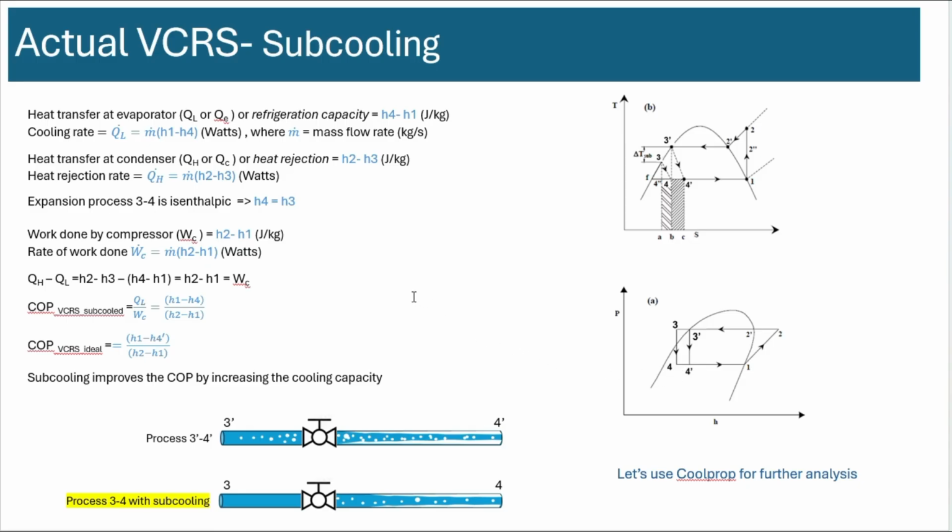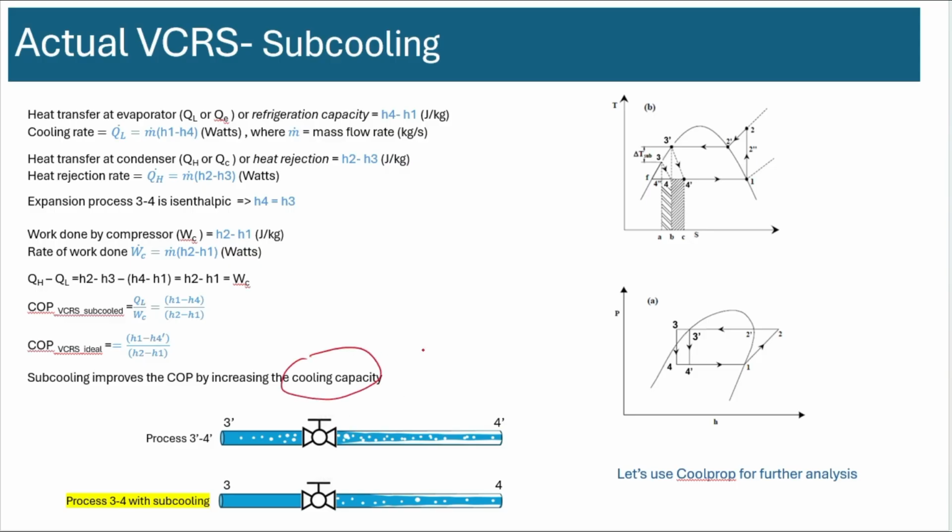All right, so COP of VCRS subcooled is the difference from H1 to H4 divided by H2 minus H1. For ideal it is H1 to H4 prime, so you have less cooling effect. So subcooling improves COP by increasing the cooling capacity.